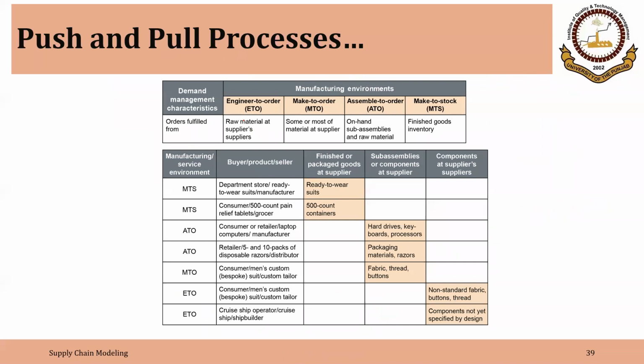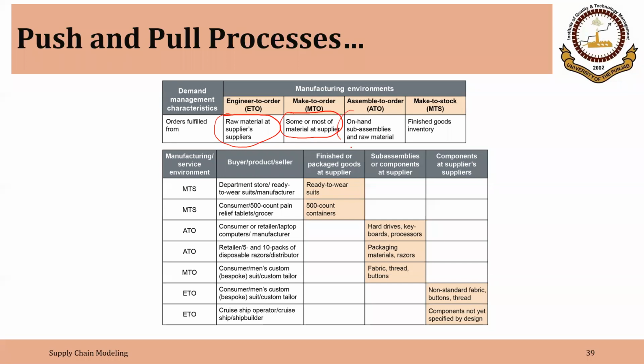So in engineer to order, the process starts with raw material and suppliers. So this is where the process starts. We start right from the basic raw material. In make to order, some or most of the material is available with the supplier, and this is from where the supply chain starts.